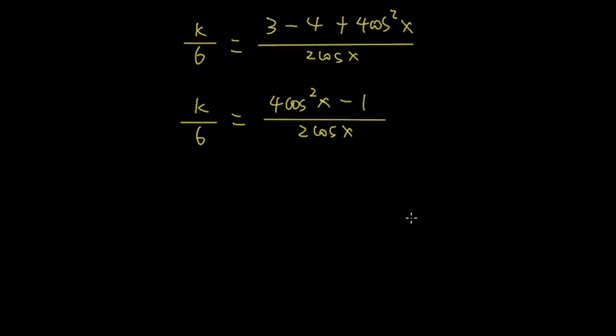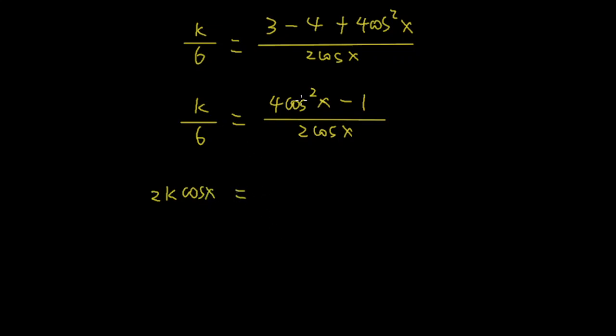Now what do we do next? Looking at this fraction, we have cosine squared x, we have cosine x, and we have a constant. Maybe we can rearrange it into a quadratic equation. So I'm going to cross multiply right now. 2 cosine x times k is 2k cosine x.